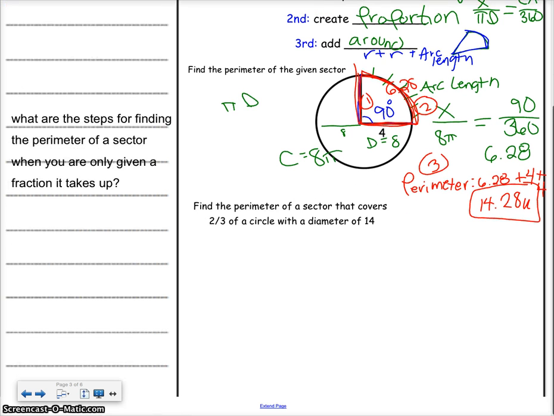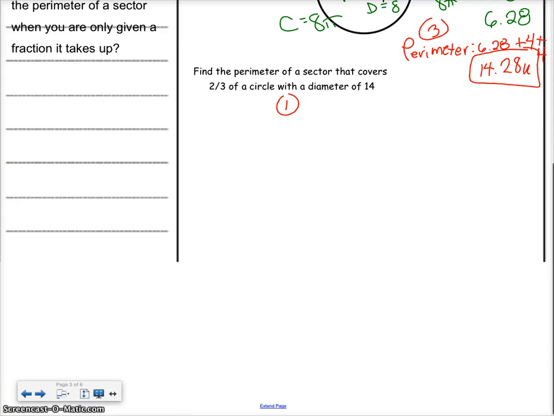All right, let's find the perimeter of a sector that covers 2/3 of a circle and has a diameter of 14. So step 1, I need my central angle. So I have to do a little bit of work for my central angle, because I'm not given a visual and I'm given 2/3. So really what I want to do is break my circle into thirds, right?